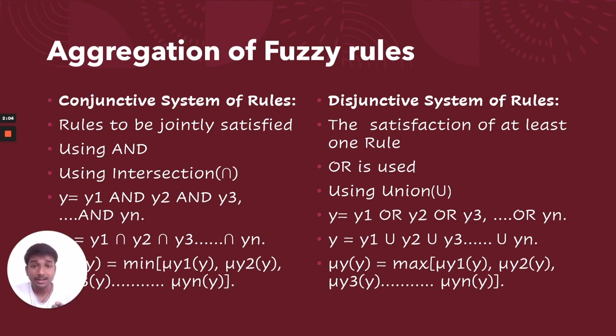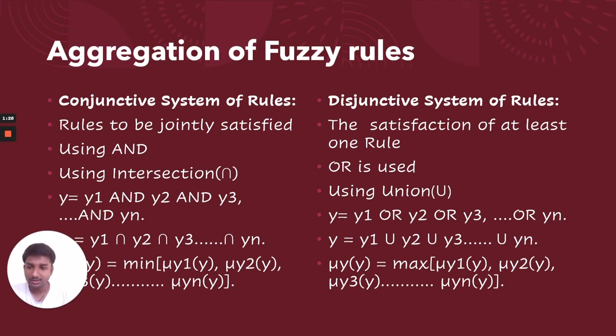In this conjunctive system of rules, it should satisfy all the rules. All the rules means, like in AND, if all are true, then only it is true. That is why this aggregation is done using and, intersection.